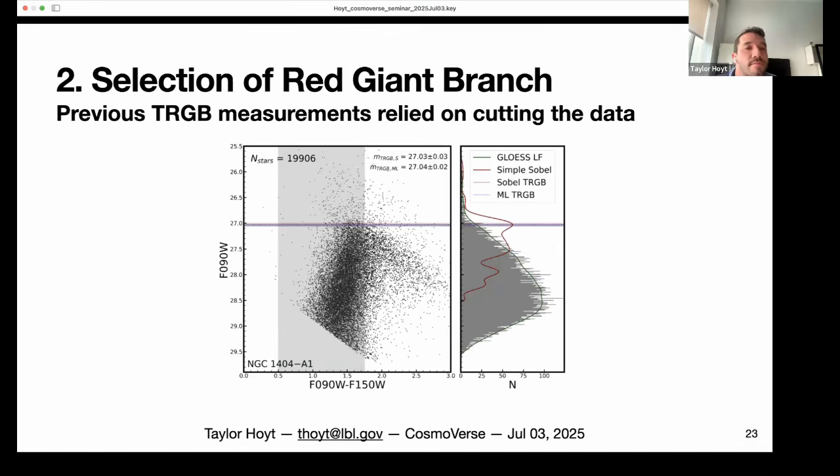Next is the selection of the red giant branch. So here I show a color magnitude diagram from JWST from the Tully Fornax cluster program, and the selection of the RGB is shown as a gray band.